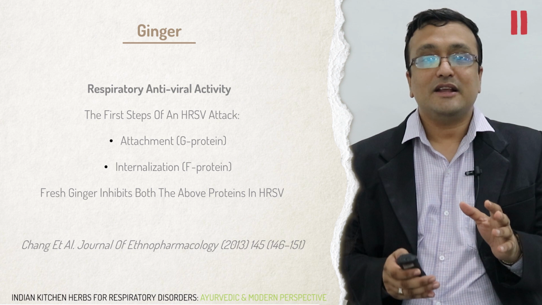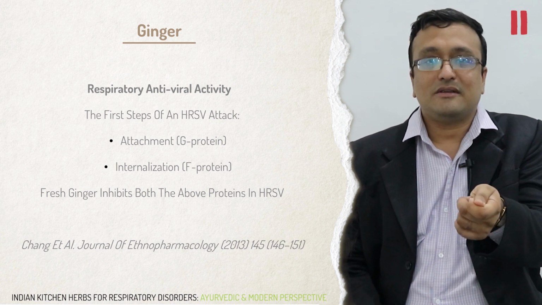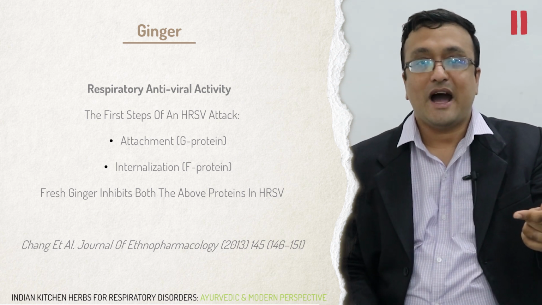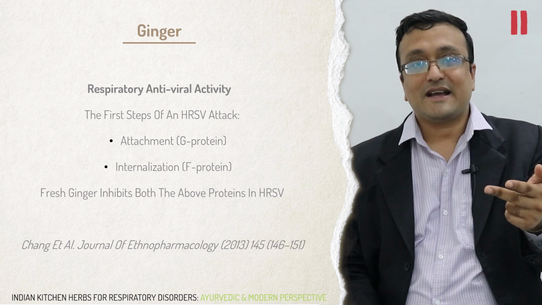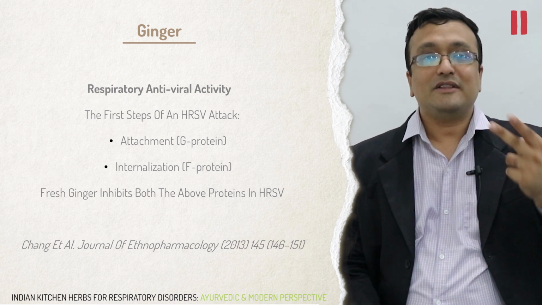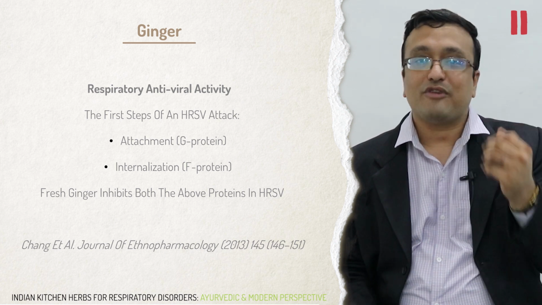Well, first the thief will have to come to your house and do something with the locks, the doors and the windows, attach to the house. And in the second step, he will get inside the house. Only after these two steps are complete, he will be able to steal the gold chain from your house.